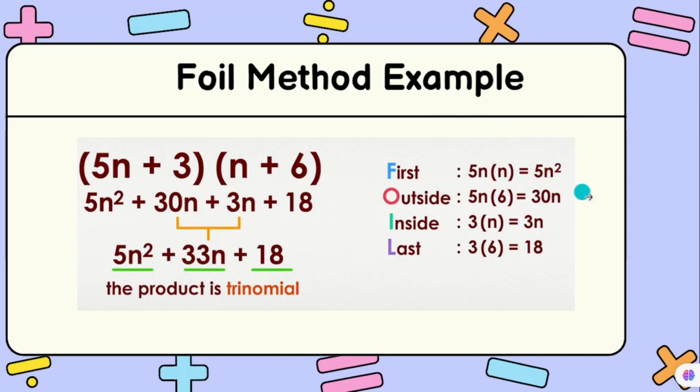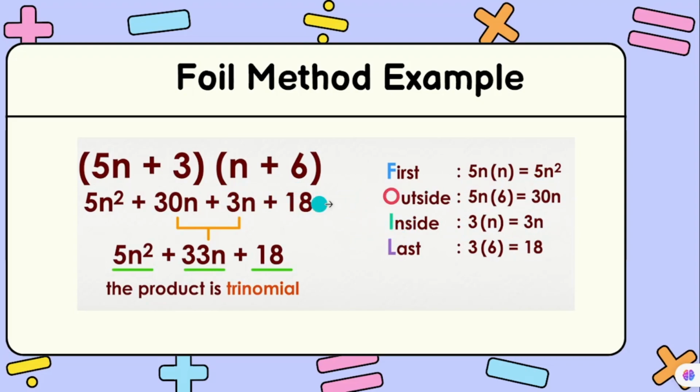Why n squared? Because they're multiplying a variable with another variable, which is just going to be 2. For the outside term, we're going to find the outside term, so 5n and 6. 5n multiplied by 6 equals 30n.